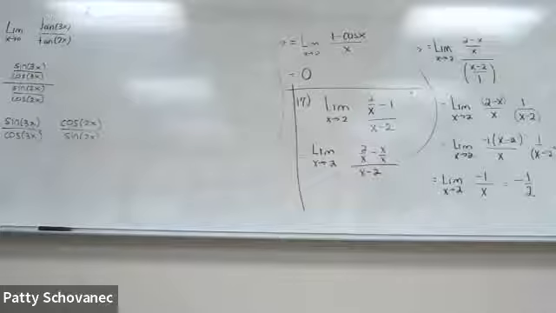Cosine of 0 is 1. So those cosines aren't giving me any trouble. It's the sines. So I'm going to take those two cosines and push them way out on the end and leave the sines by themselves.